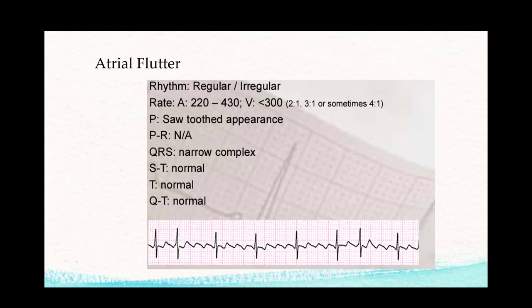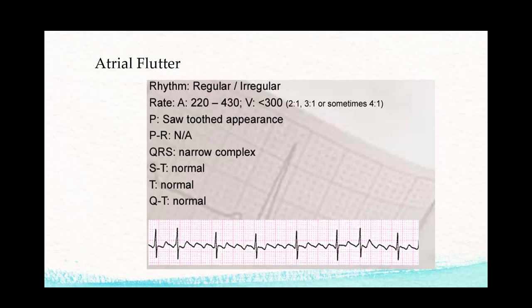Atrial flutter. We have a sawtoothed, picket fence type baseline. With that, these really aren't called P waves. They're called F waves because these are flutter waves.